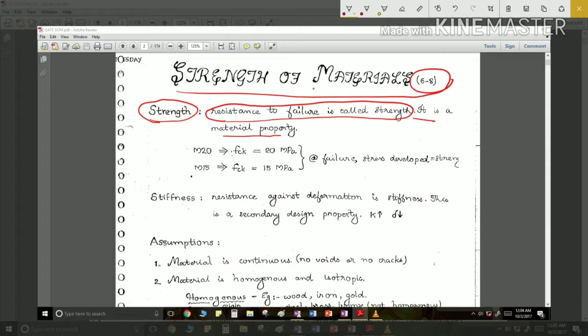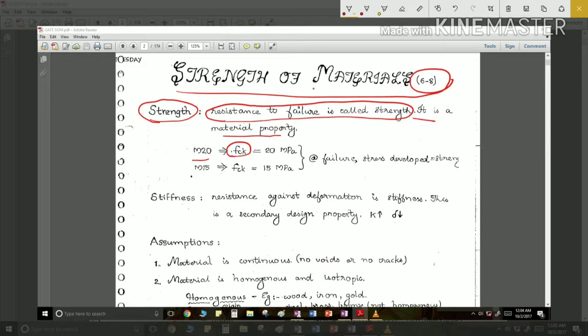It means which material it is made up of, whether it may be wood, plastic, stone, like that. So it is a material property. For M20, fck is the characteristic strength.